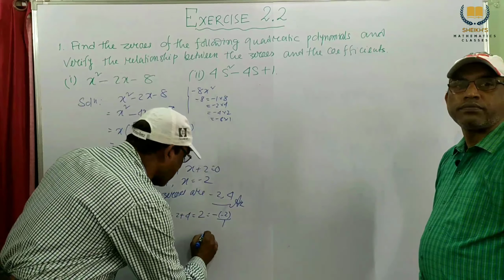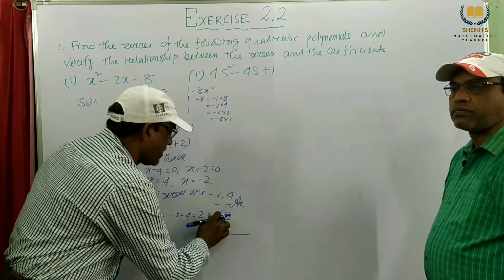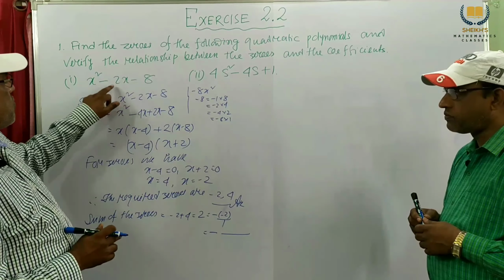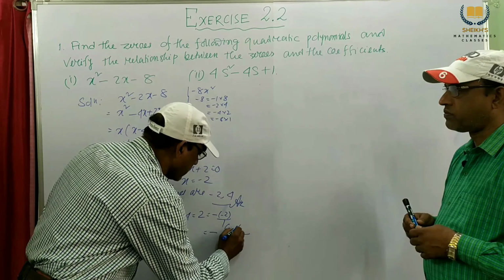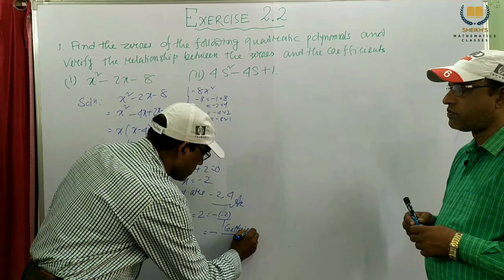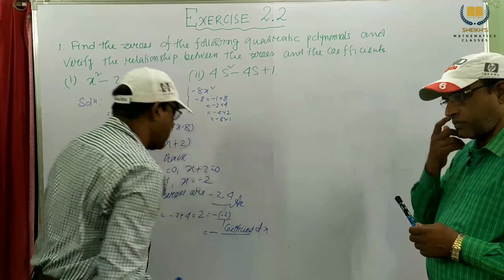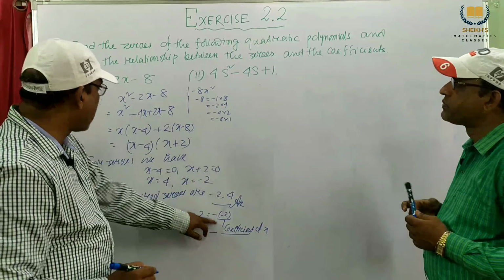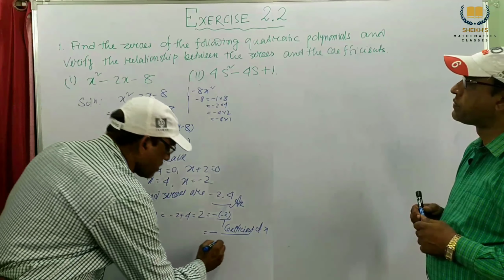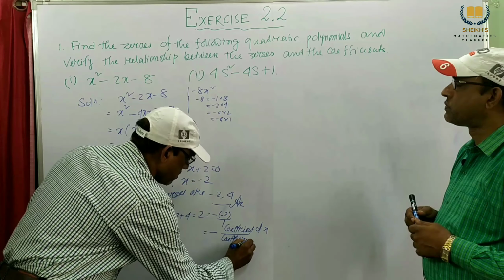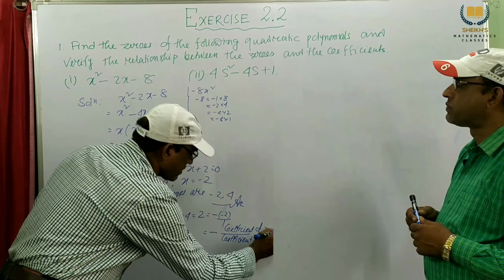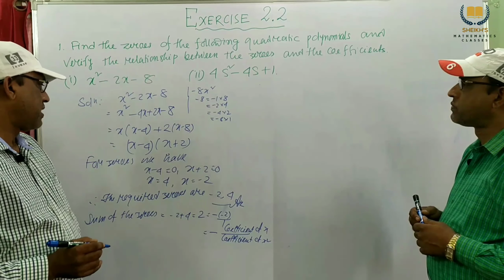The minus remains the same, and this minus 2 means the coefficient of x, and divided by 1 means the coefficient of x square. We get this one.